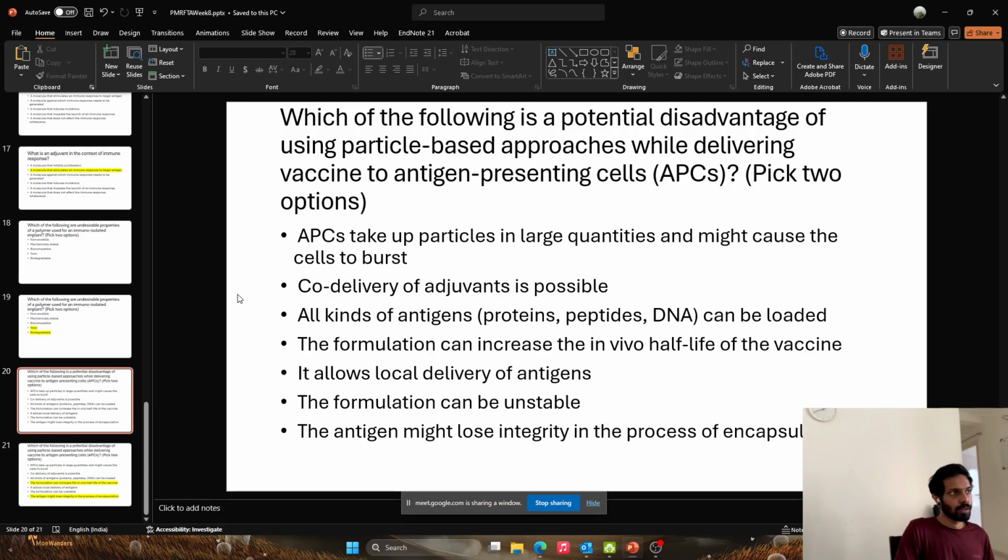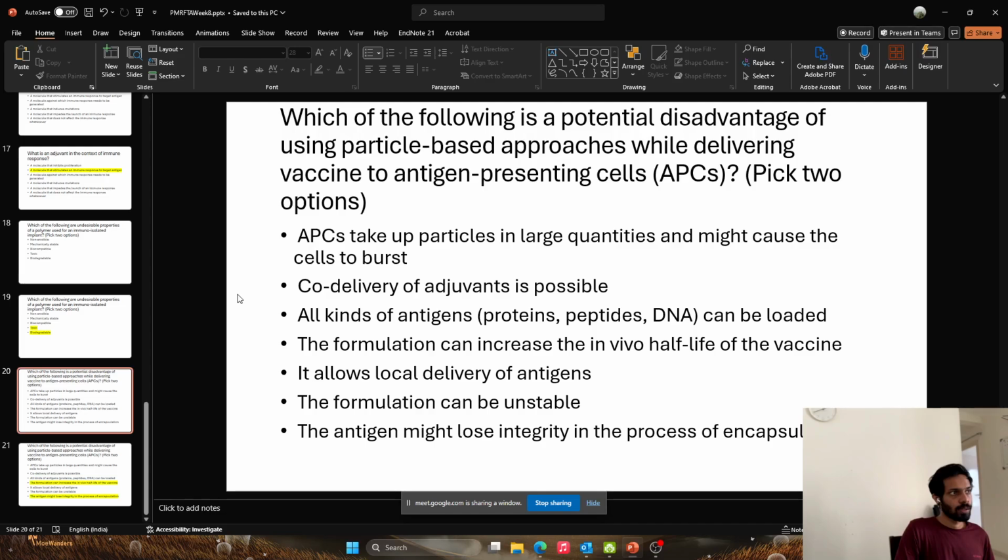All kinds of antigens, proteins, peptides, DNA can be loaded, which is true. You can load anything you want as long as you're taking proper precautions not to degrade your antigen in whatever encapsulation conditions you're using. The formulation allows local delivery of antigens, which is an advantage. So here we are looking for disadvantages, right?